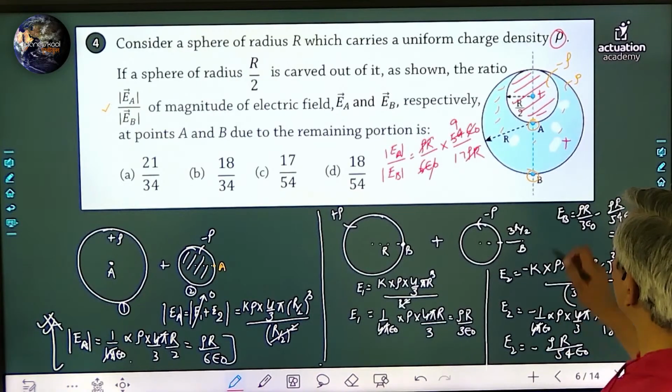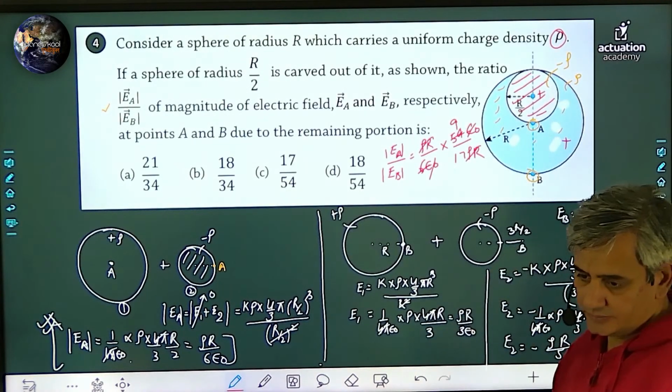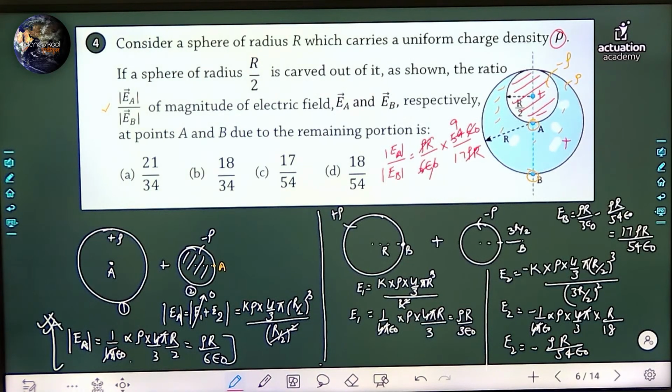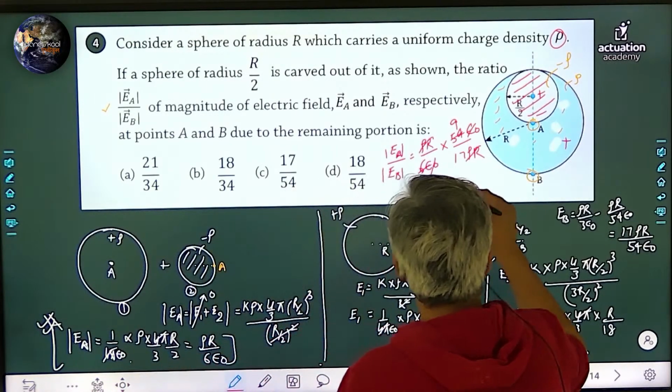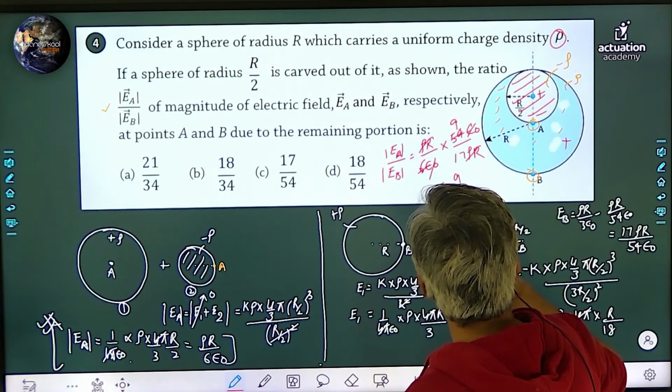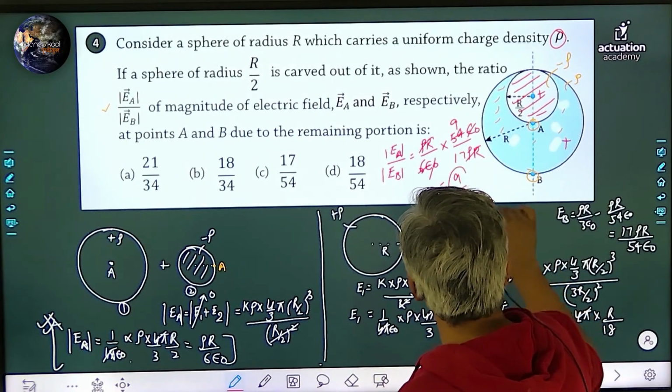I don't know whether this A is at this point or this point. This I need to check out. As per the question, this answer is right. This is 9/17. Okay. This must be the question.